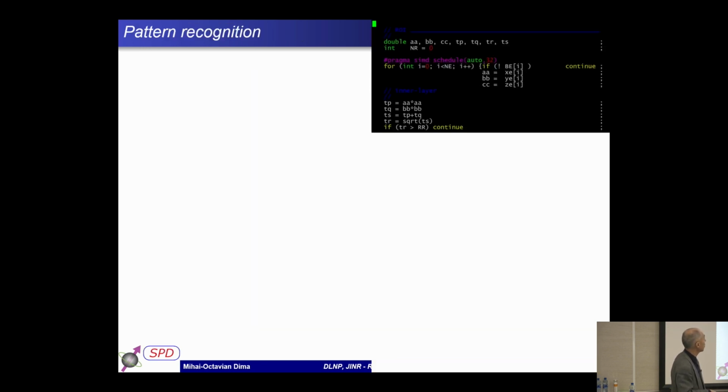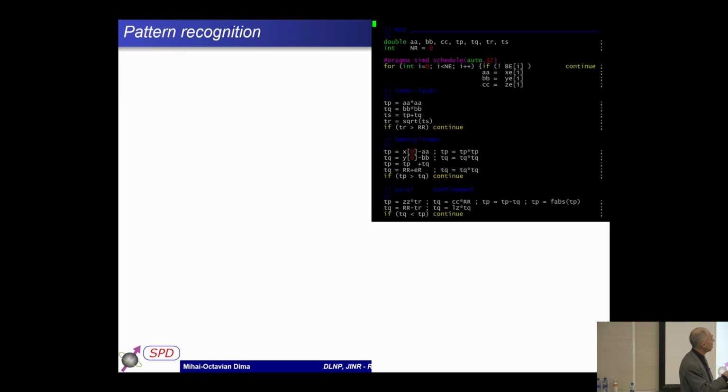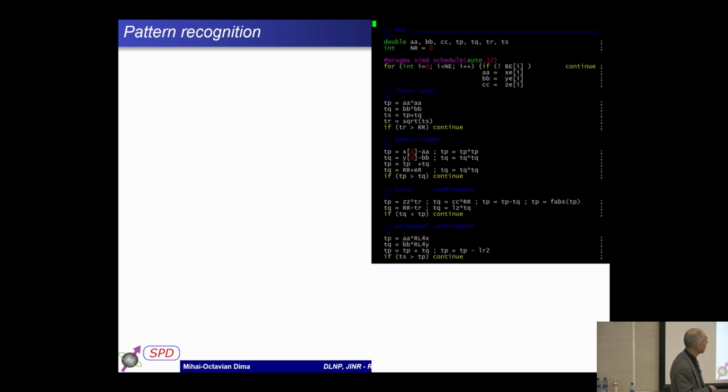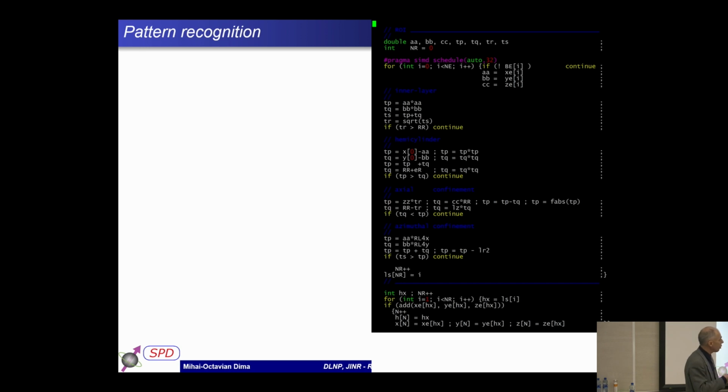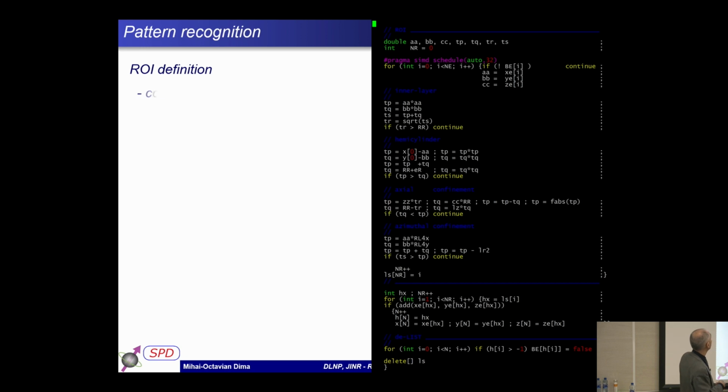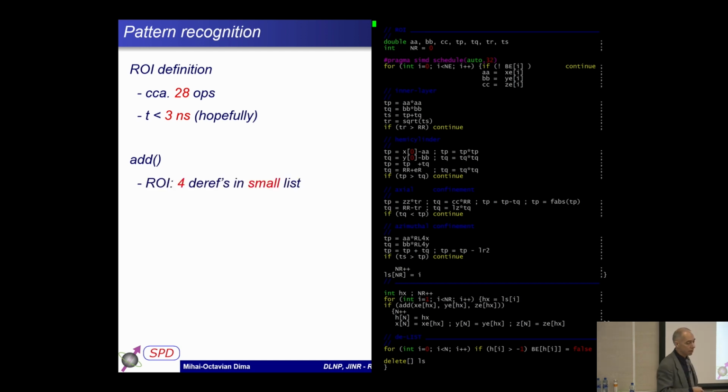So in doing pattern recognition, you have all these steps of being on the same side of the interaction point, of satisfying axial and azimuthal confinement, and then you write all the hits that are in that area of interest to a list. And looping over a list is very fast, right? So this region of interest definition, what you see there is about 28 operations, and in vectorized optimization form, that's about 3 nanoseconds. That's really fast.